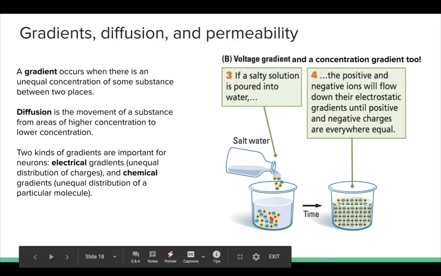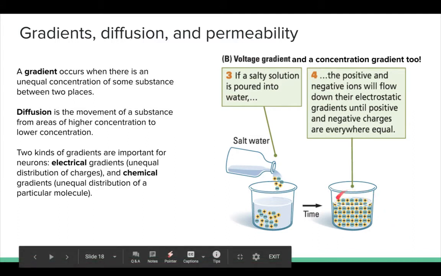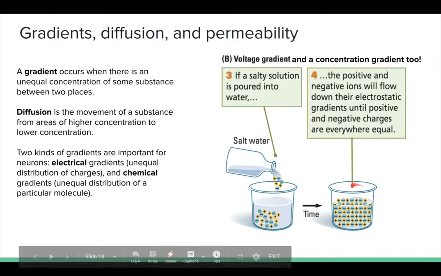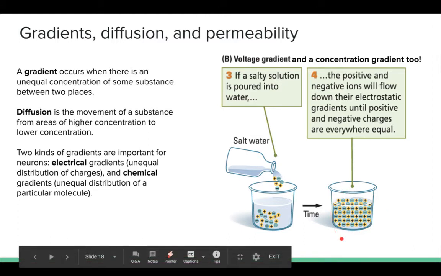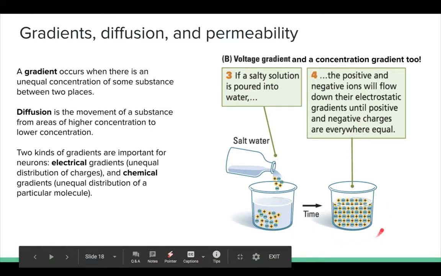So what's going to happen over time is these molecules are going to diffuse, and they're going to diffuse, first of all, according to their chemical gradient, so that there's an equal distribution of these substances throughout the container, and they're also going to diffuse according to their electrical gradients, or you can think of it as their electrostatic gradients. They're going to diffuse such that there is an overall net equal distribution of charge throughout the entire container.